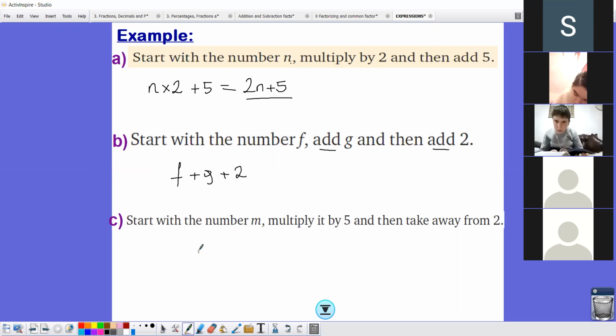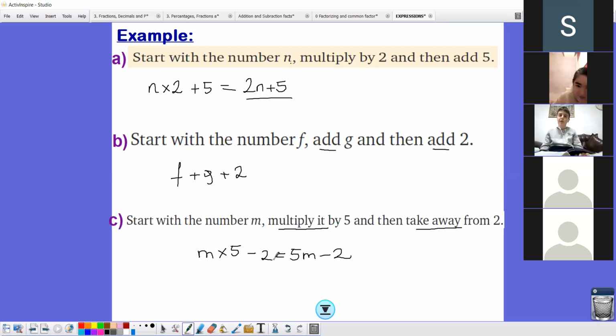Start with the number m, then multiply by 5, so it will be 5m. And minus 2. So it will be 5m minus 2. And that's all.